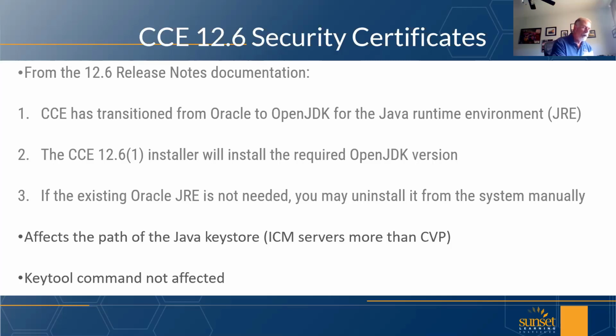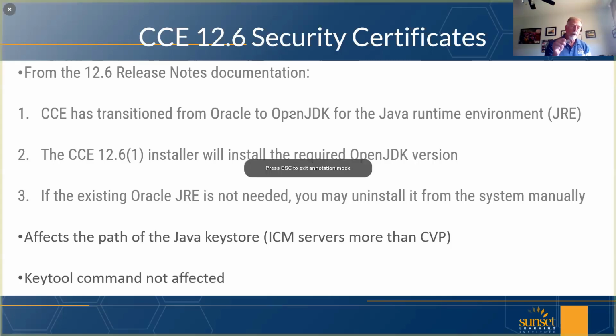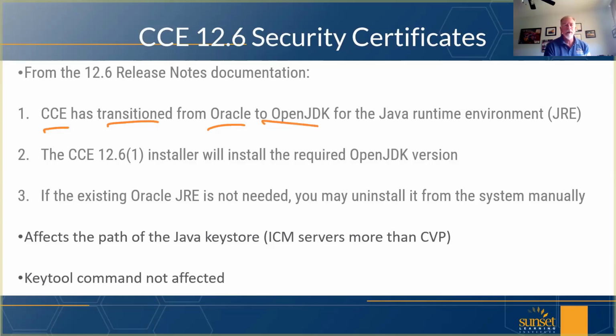What's basically going on in 12.6 in regard to security certificates? Now, this is just a portion, a snippet of the 12.6 release notes, but it pertains to security certificates. Basically, Cisco or the CCE solution transitioned from Oracle Java runtime environment to an open JDK. What does that matter to you? You don't really care about that. It's still Java stuff.